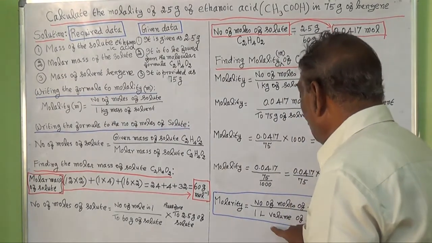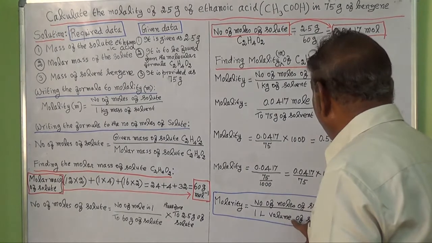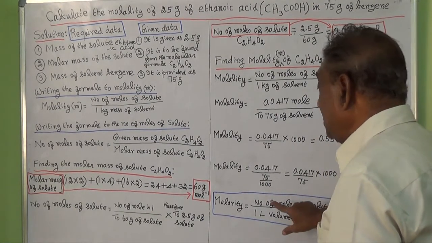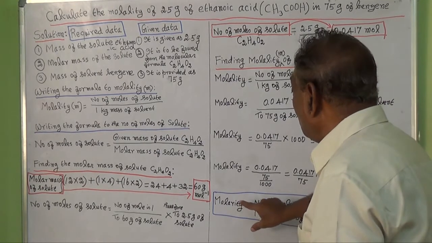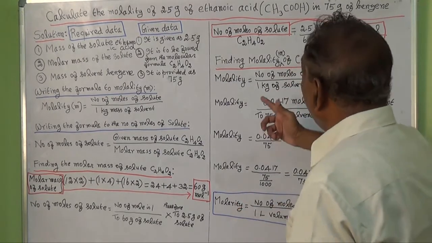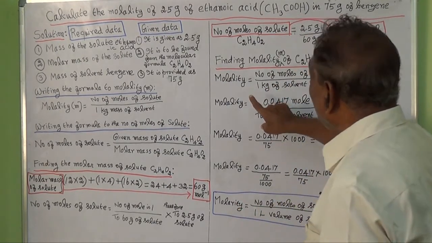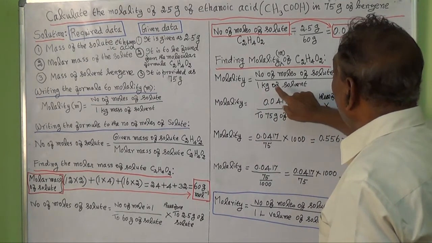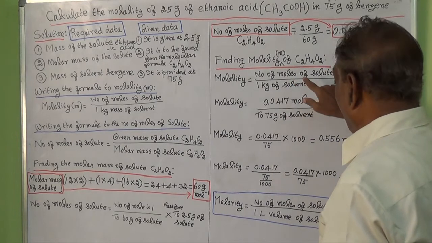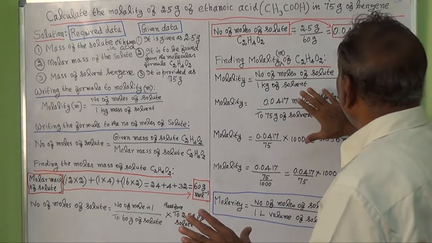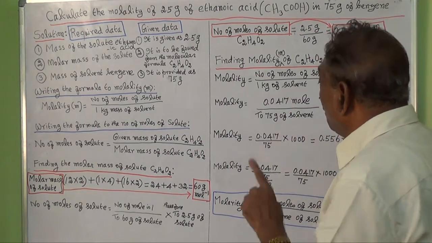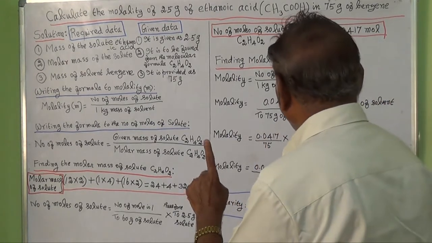How much volume? 1 liter volume of solution. It is in the formula of molarity. In the formula of molality, we are having in the denominator 1 kilogram of solvent, not 1 liter volume of solution. So this is the difference between molarity and molality.